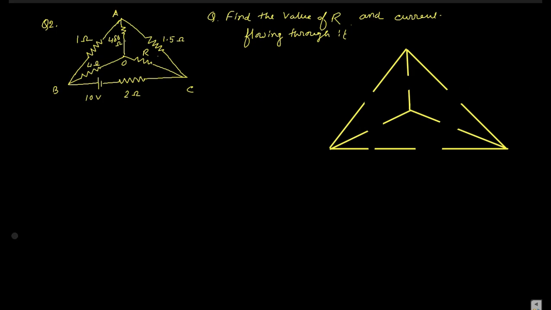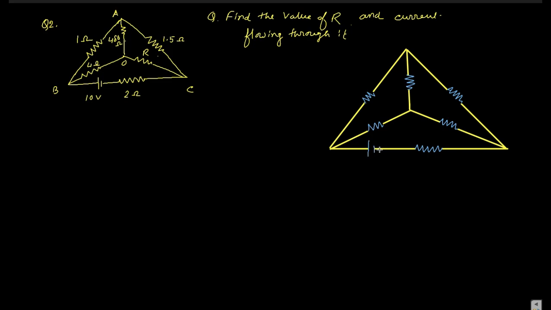If you draw this circuit, here you can connect one resistor, another resistor, and the polarity of the battery is like this.